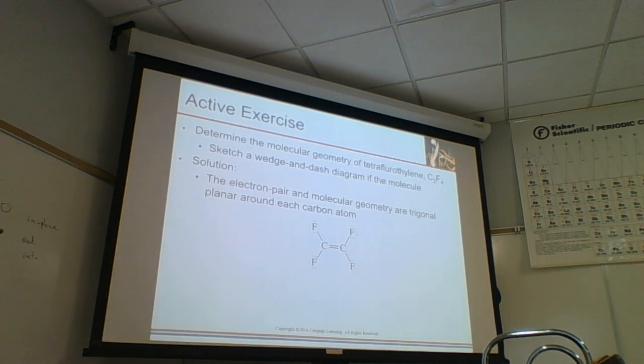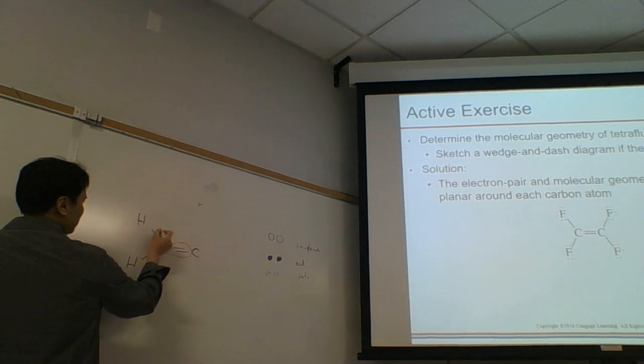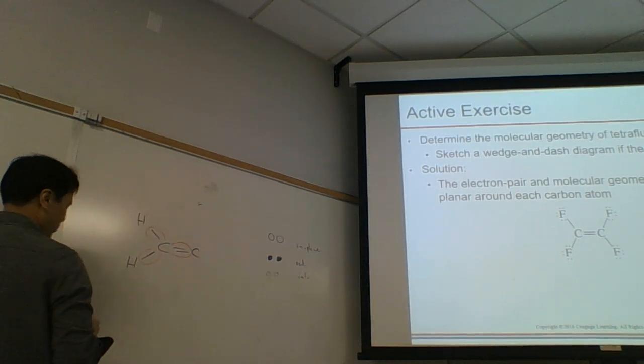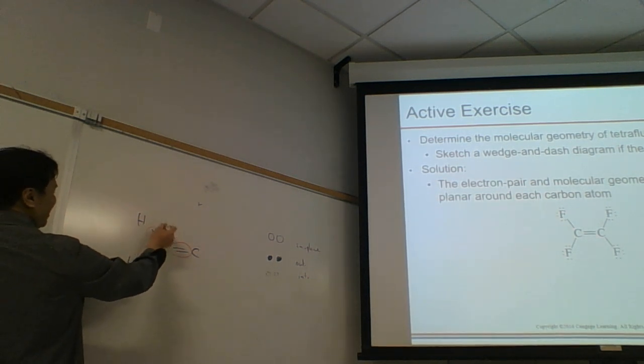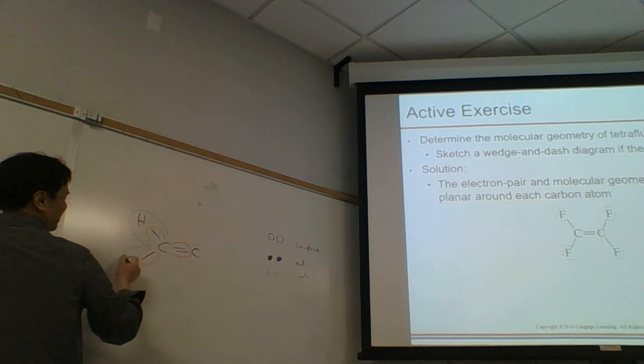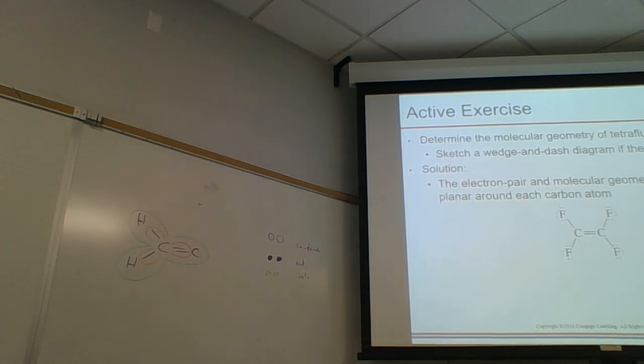The EPG is just going to be given by the groups. And so here we have a double bond, single bond, 3 groups. The Mg is going to be dictated by the atoms. So when I look at the atoms, what do I have? The same shape. And so that means the Mg is also going to be trigonal planar.